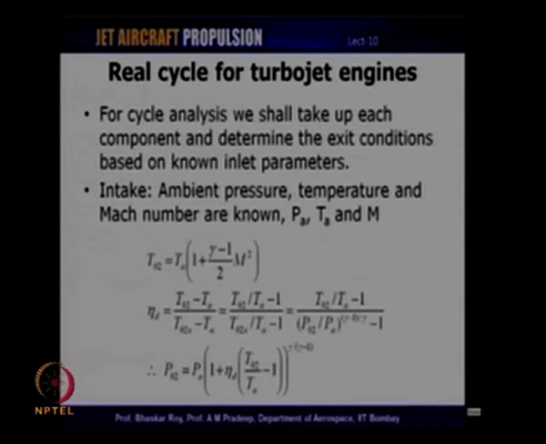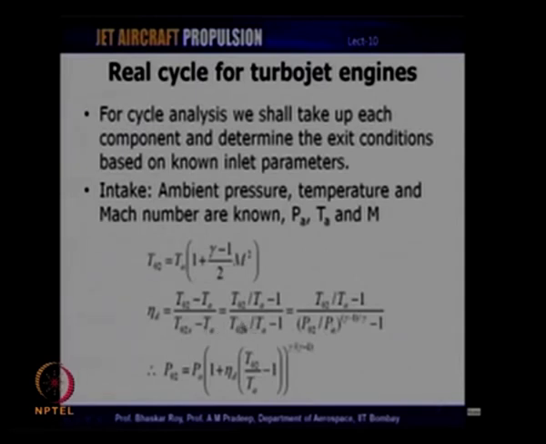Diffuser efficiency is defined as T02 minus Ta divided by T02s minus Ta, where T02s is the stagnation temperature corresponding to the isentropic process. If we take the ratio of these temperatures, we get T02 divided by Ta minus 1, over the corresponding isentropic temperature ratio minus 1.